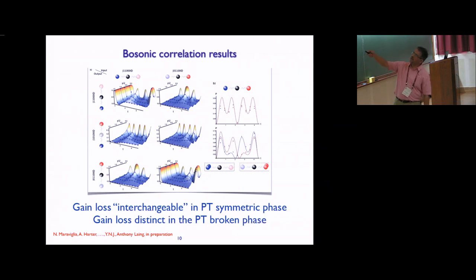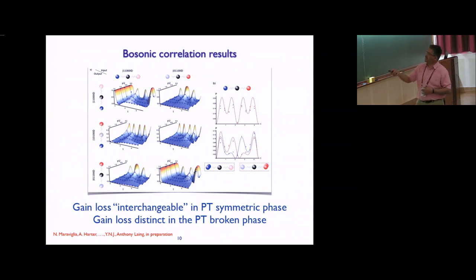On the other hand, when gamma over j is small, these parts are equal to each other, and there is a mathematical relation you can prove that must exist in these many-body correlations. You can do similar things with 3 photons. This is where you put in 3 photons, one in the gain side, one in the loss, and one in the neutral side, and then measure all possible coincidences.